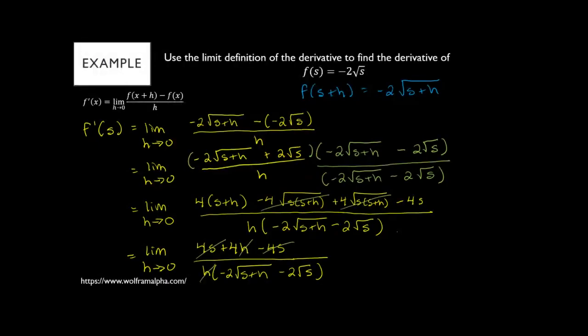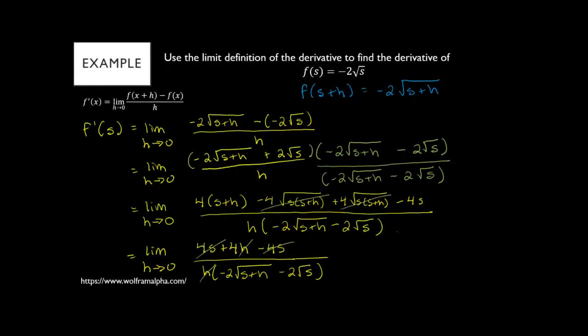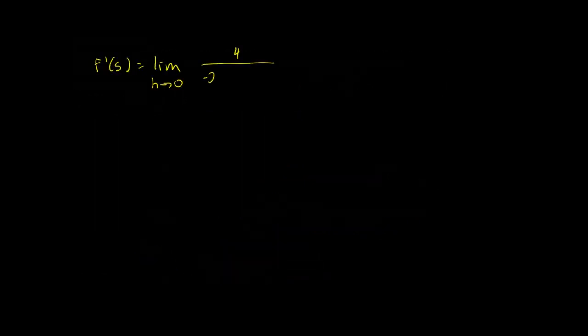So what do we have? f prime of s equals the limit as h goes to 0. Everything on top canceled except we're left with a 4, and then we have this -2 times the square root of s plus h minus 2 square root of s. So now we're going to take the limit.